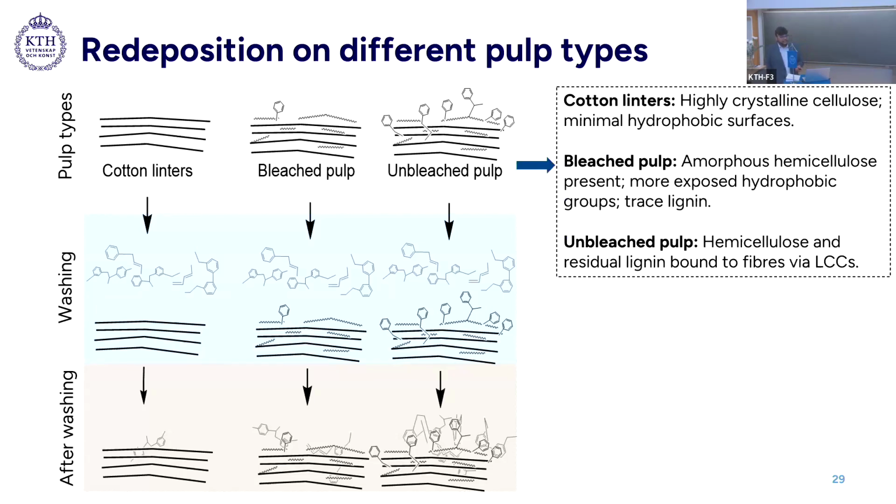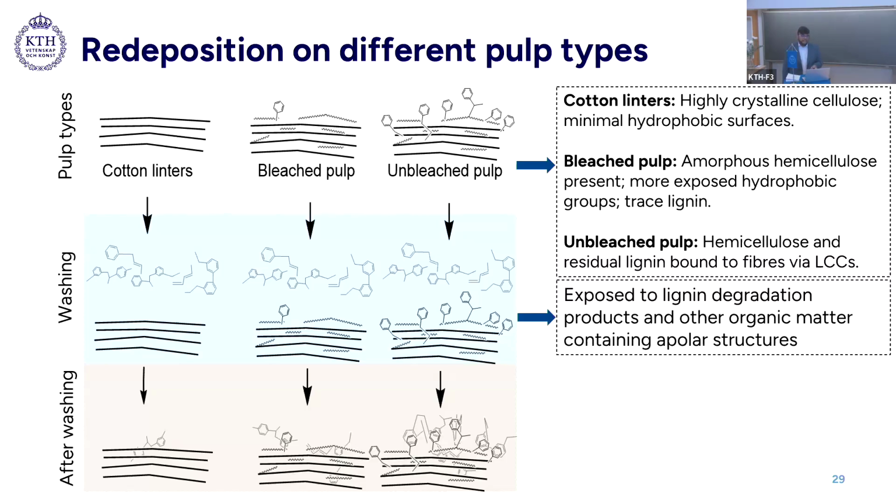As we know, cotton linters is solely cellulose, which is crystalline with minimal hydrophobic surfaces. Bleached pulp contains amorphous hemicellulose, more exposed hydrophobic groups, and also a trace amount of covalently bonded lignin. Unbleached pulp contains hemicellulose and residual lignin bound to fibers via lignin carbohydrate complexes.